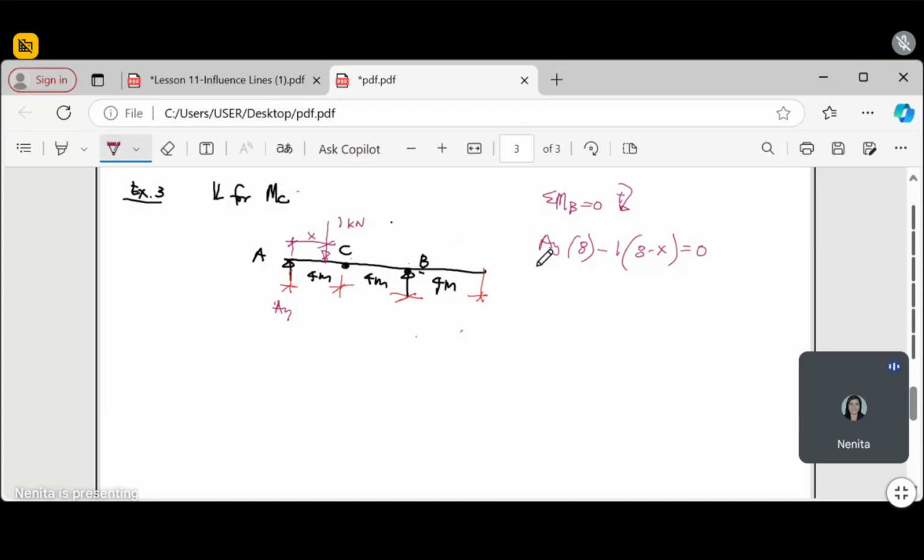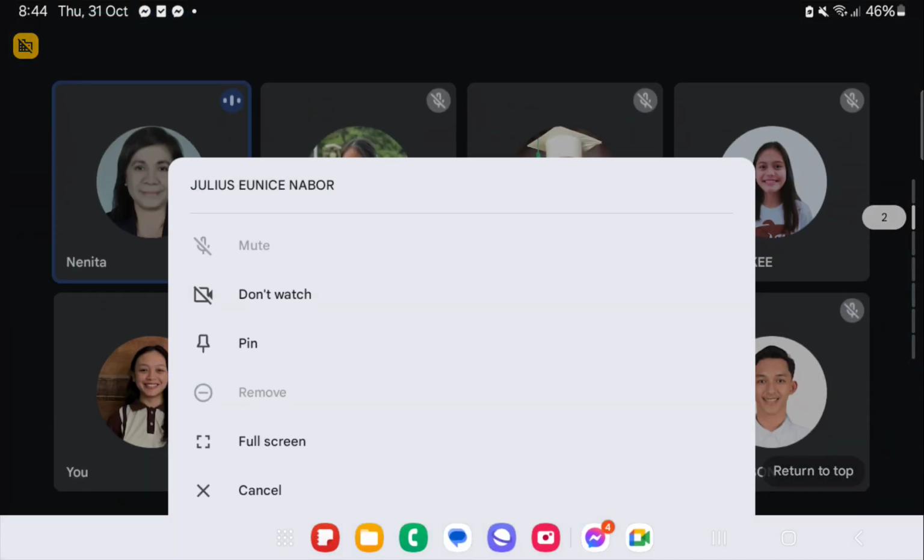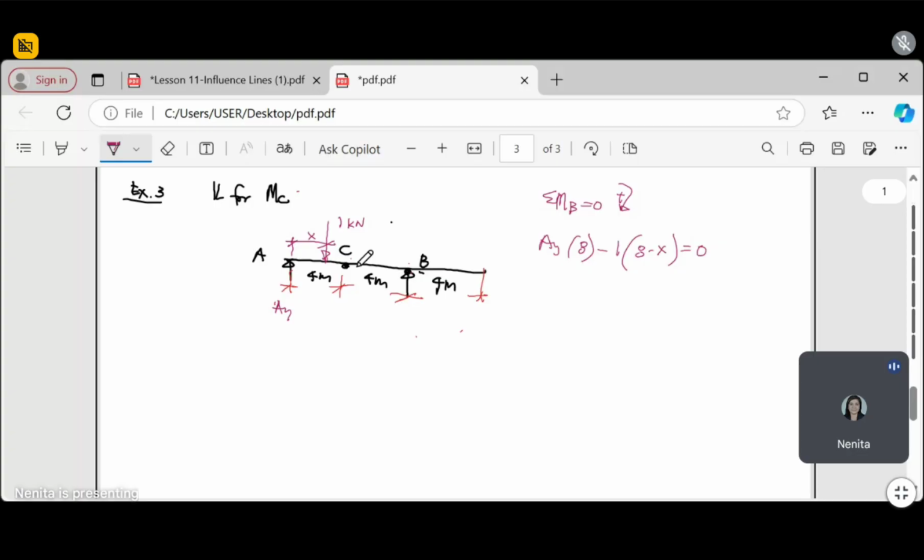Okay, so therefore we have AY times 8 minus 1 times 8 minus x equals 0. So what is the value of AY? AY is equal to 8 minus x, right? This is positive, divided by 8.